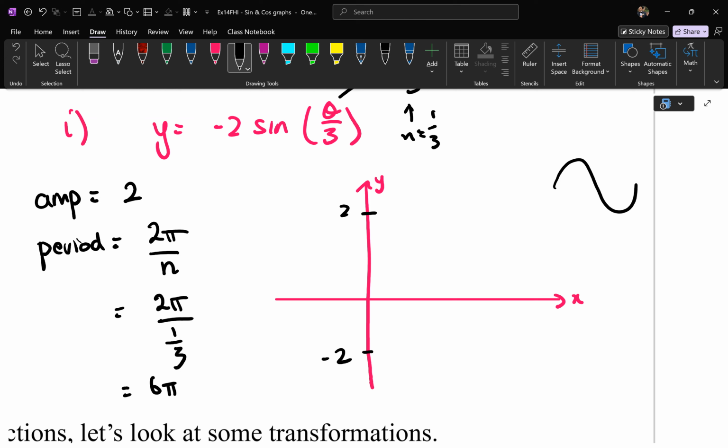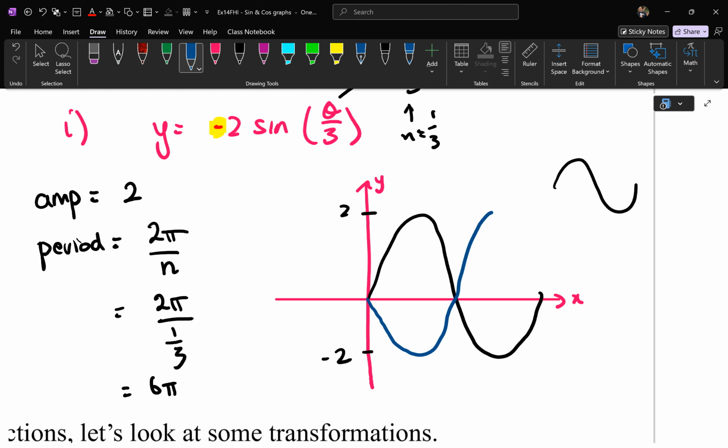Why is this wrong already? Why is it wrong if I draw it like this? I mean, that is a sine graph. What's the problem? It's flipped. Don't forget that negative. Negative was a reflection in the x-axis, so it flips vertically. So the graph should now go this way, like that. So you still have amplitude of 2, both bottom and top, but it's flipped.